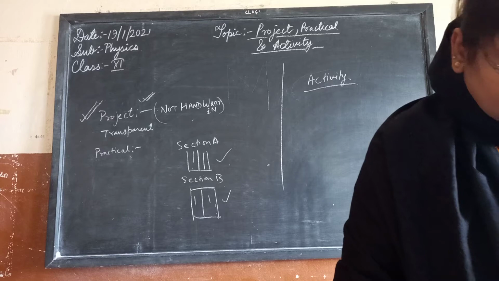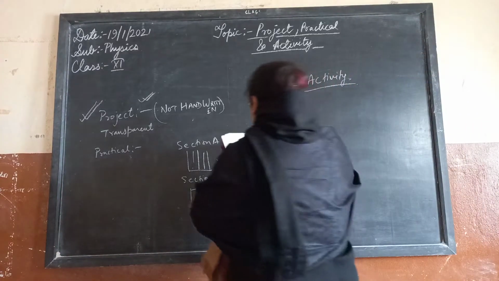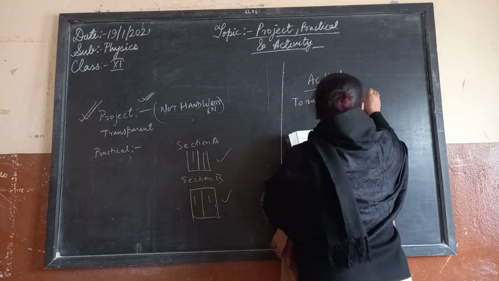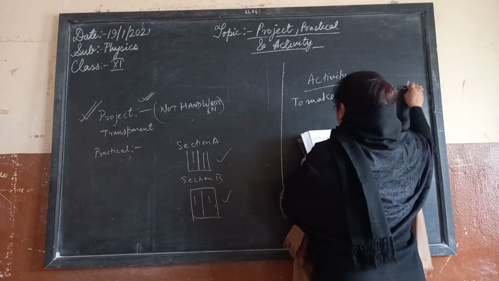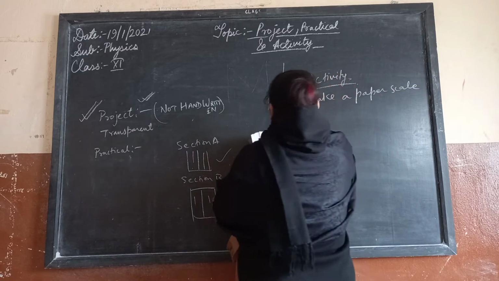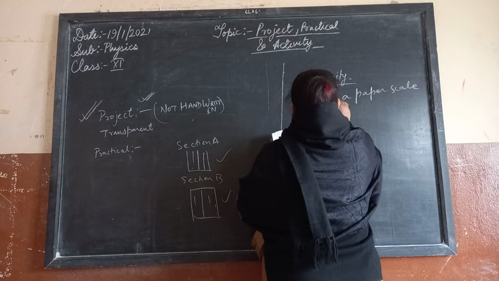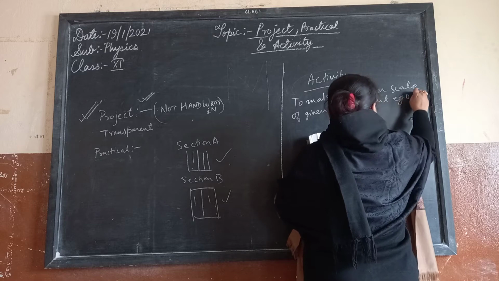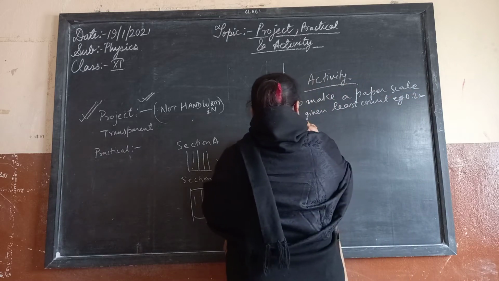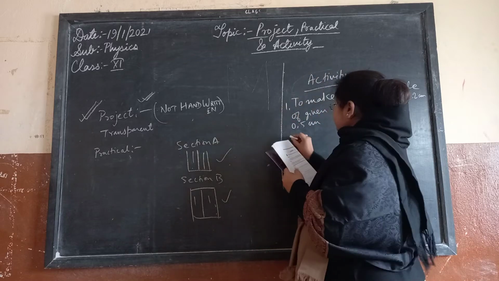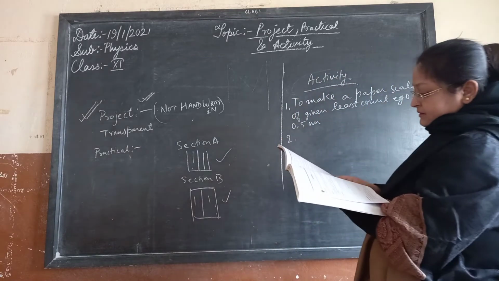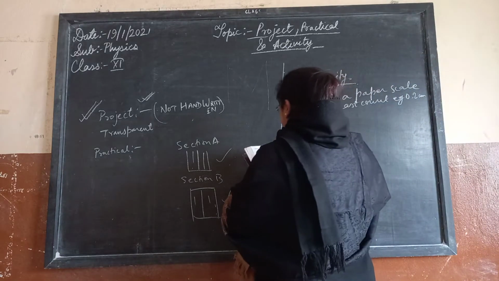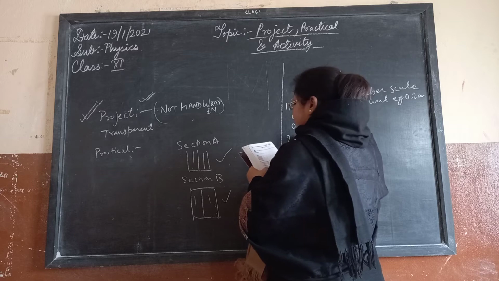Activity number 1 is to make a paper scale of given least count, for example 0.2 centimeters and 0.5 centimeter. This is the first activity. The second activity is, it is activity number 3, but you have to write it as 2 itself.